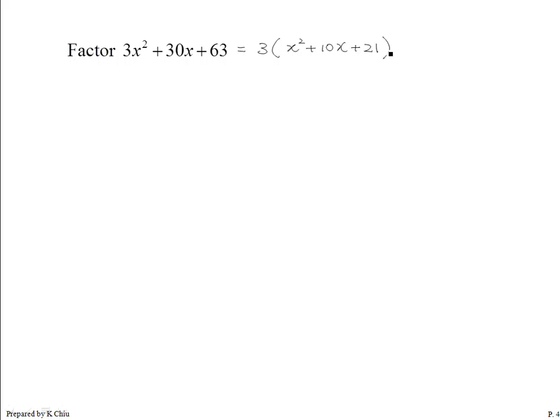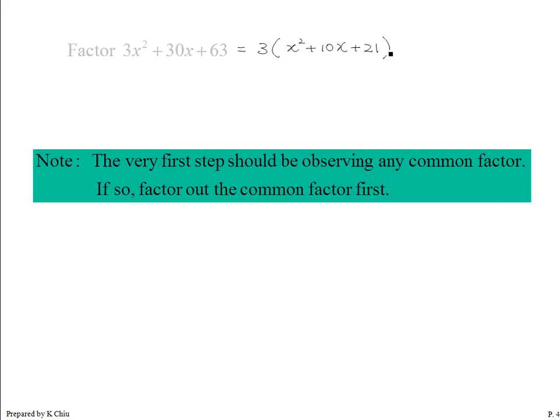And then after that, if I take a look at the trinomial inside the parentheses, it's not that bad. But note that the very first step in factoring, you should take a look at if there is any common factor for every single term. If there is such a factor, you should factor out the common factor first.